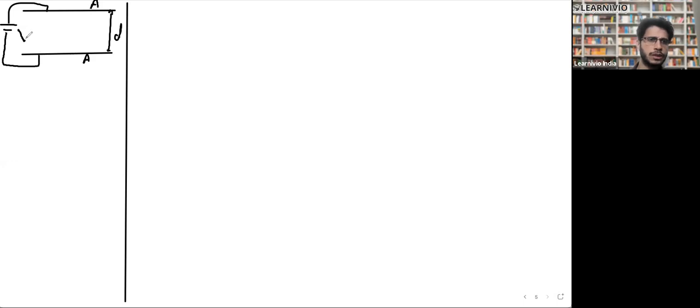to a cell, and the potential difference of the cell is V naught.